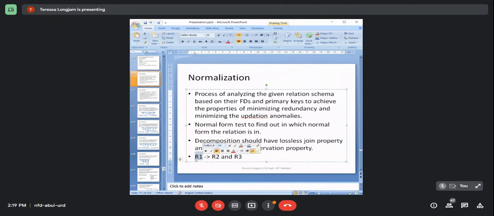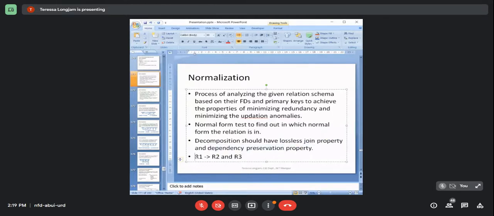Okay, so if this particular property is preserved, then it is known as the lossless join property.